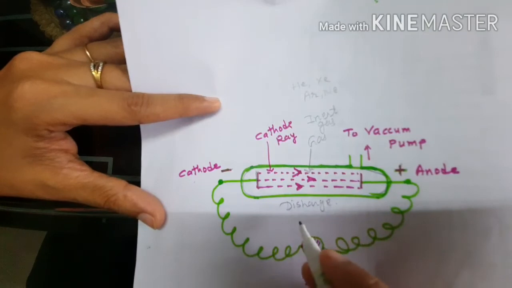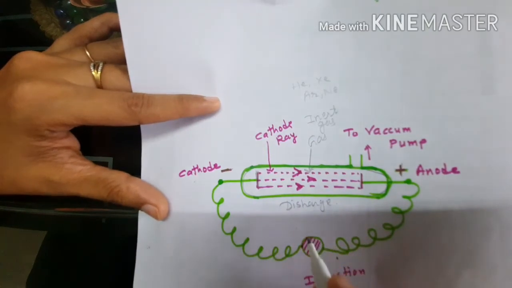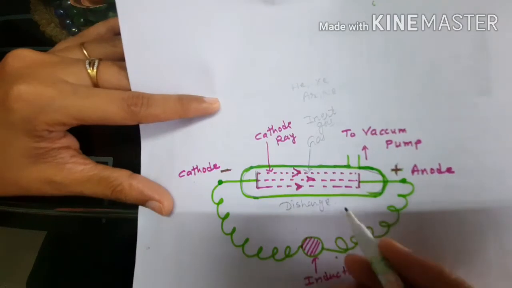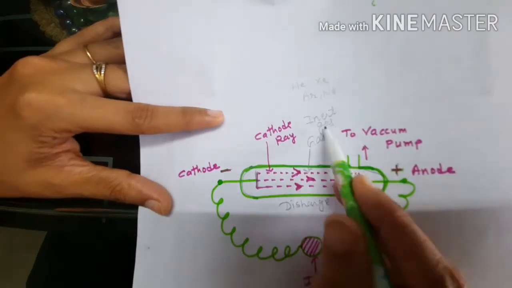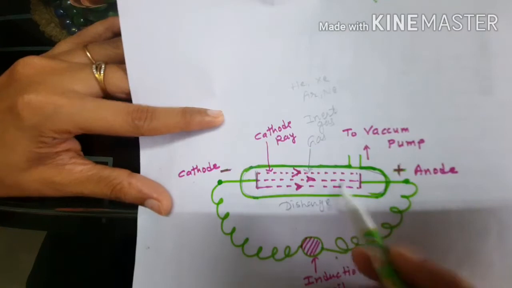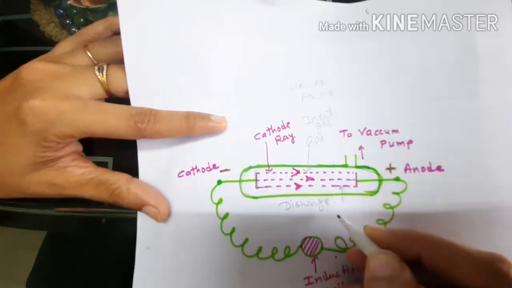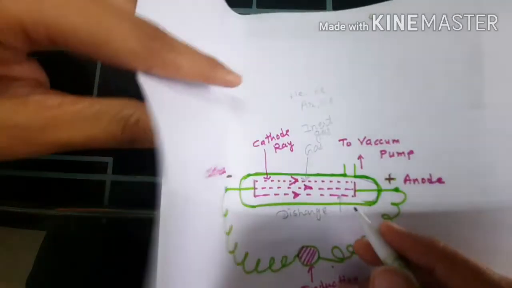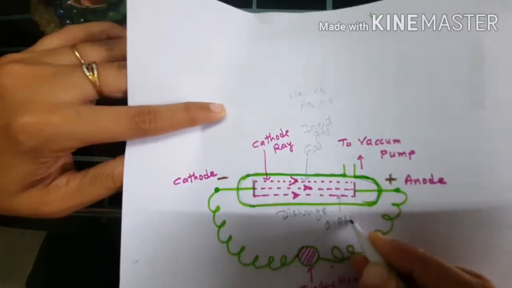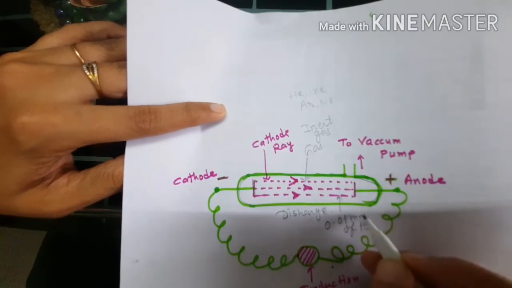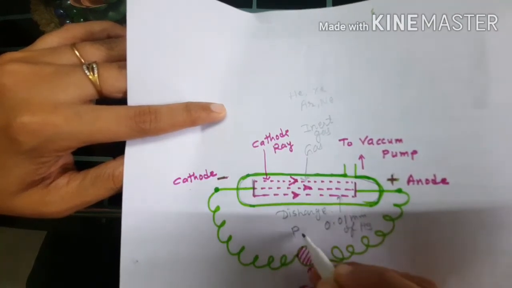So William Crookes, doing research on this discharge tube, put the inert gas in it and maintained the pressure in the tube at around 0.01 millimeter of mercury. That is a unit of pressure.